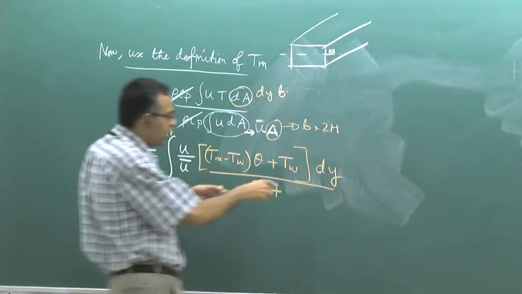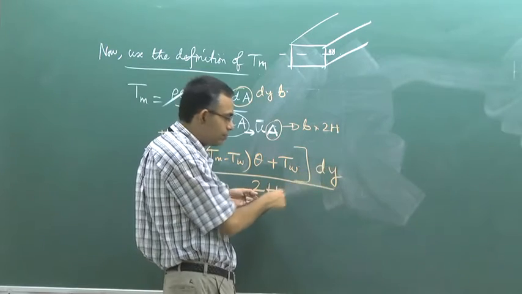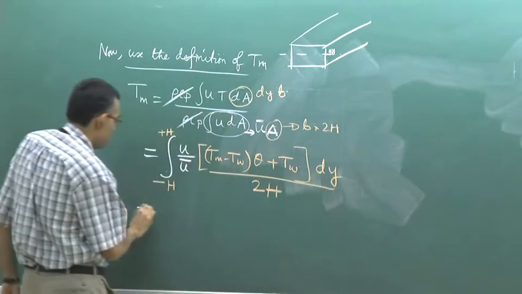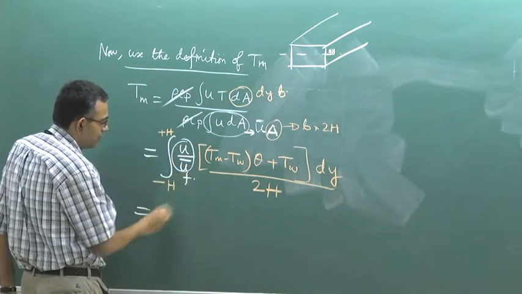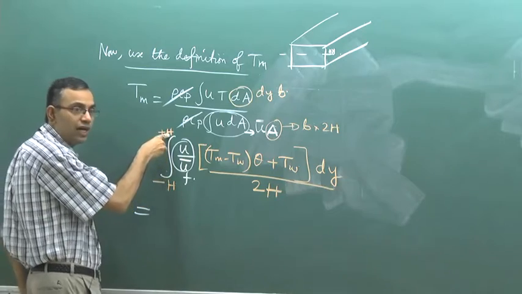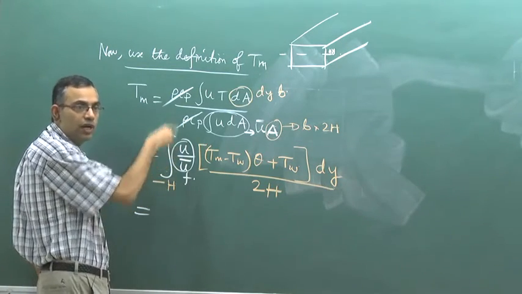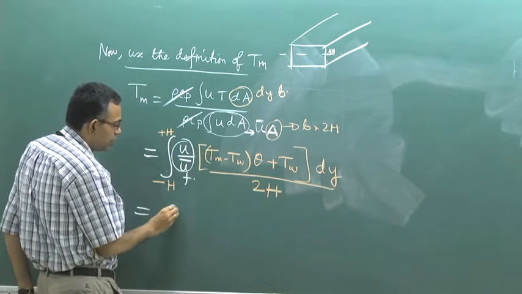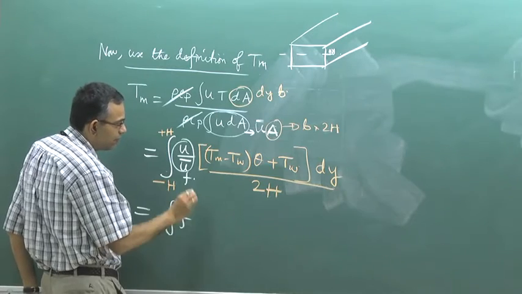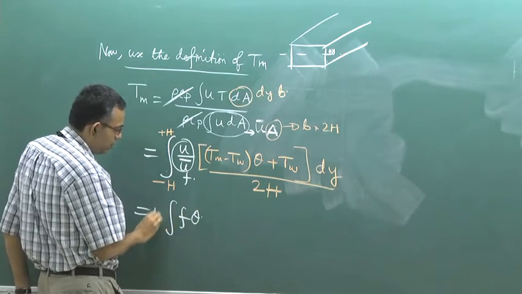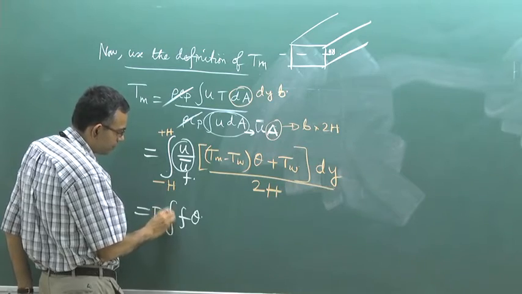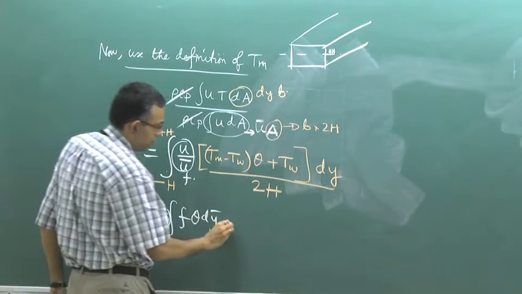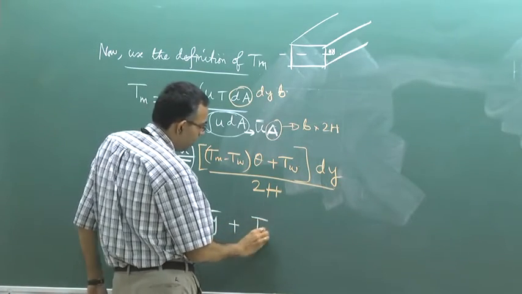You can change the variable from y to y bar by putting this h within the derivative, so it will become dy bar. This is the function f, and integral from minus h to h is 2 into integral of 0 to h, because it is symmetric on the two sides. So that 2 and these 2 will cancel. So this will become integral of f theta into Tm minus T wall dy plus T wall.